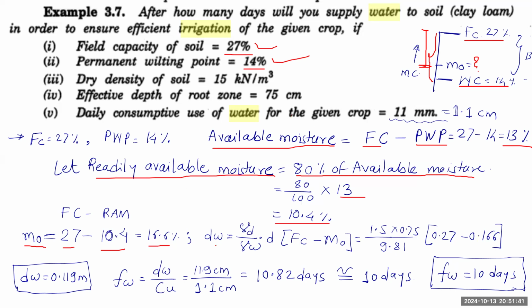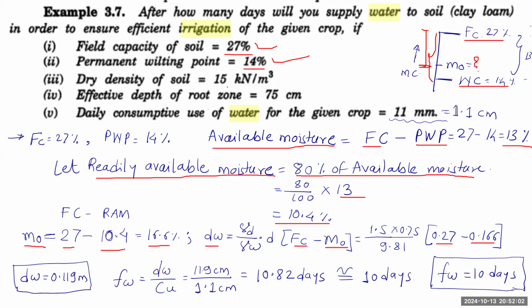And now we know the formula to calculate dW. It is gamma D upon gamma W into D into FC minus lower limit of readily available moisture. So here FC is 27% and M0 is 16.6%. Both values are expressed as a ratio.